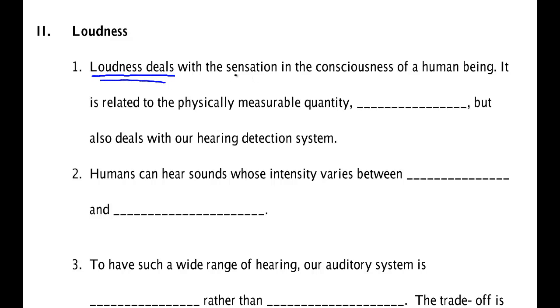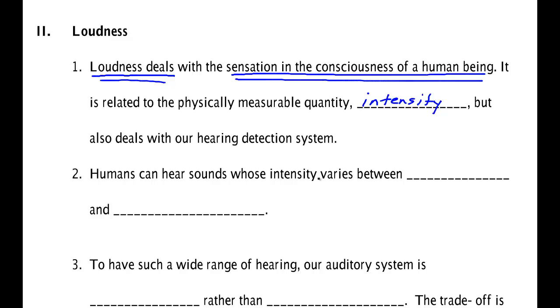It deals with the sensation in our consciousness of sound, but it is related to a physically measurable quantity, which is intensity. So if you increase the intensity, we will say that the sound gets louder. But it's not a linear thing. If you double the intensity, we won't say that the sound doubled in terms of being louder.